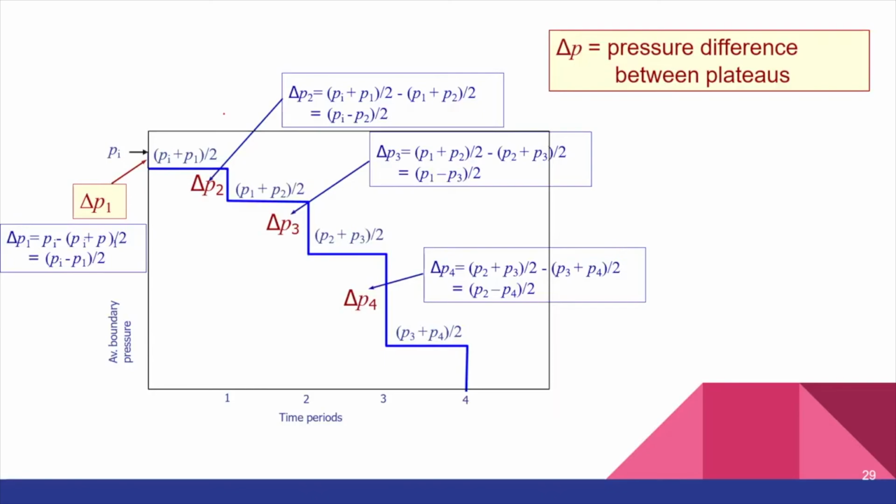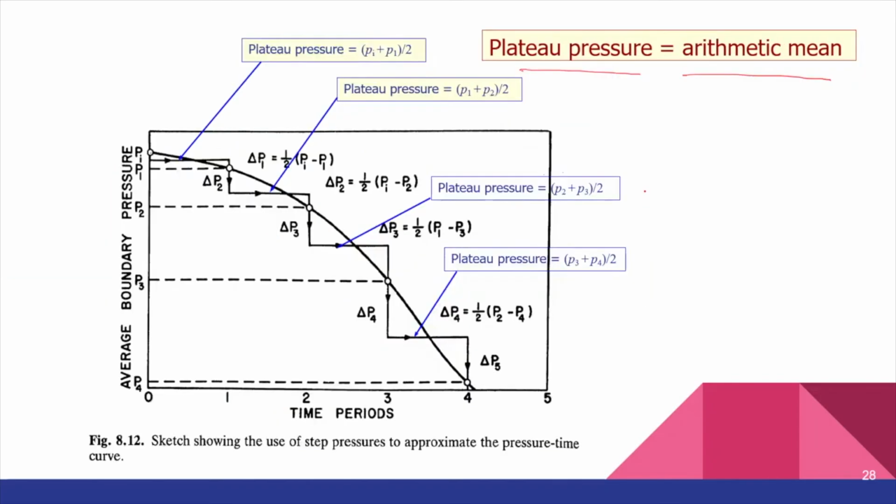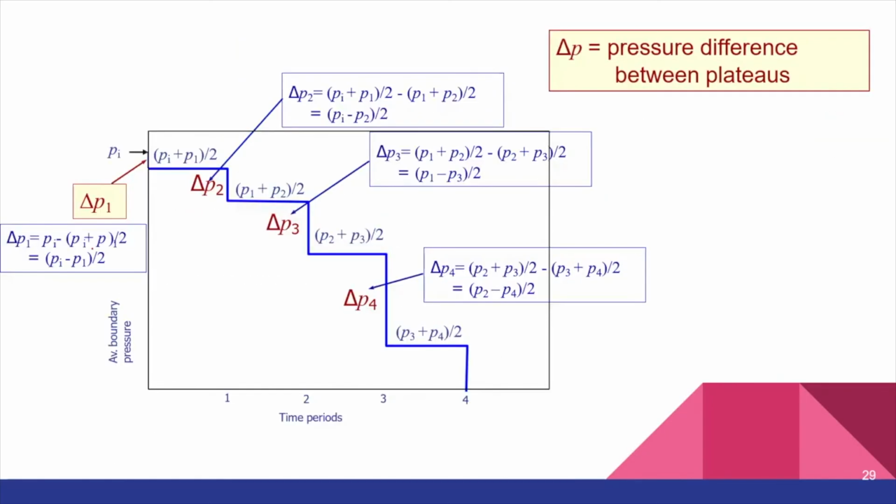So this is known as delta P1, delta P2, delta P3, and delta P4. So plateau pressure 1, plateau pressure 2, 3, 4. So your delta P1 will be plateau pressure 2 minus plateau pressure 1, which is this one, if you can understand it.